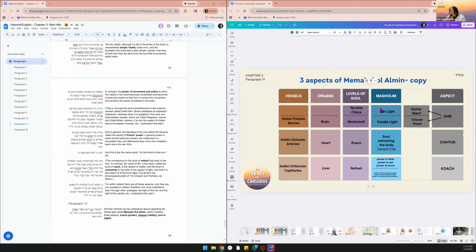Therefore, we need the other two mashalim, so that we can really observe how the sunlight works, because we cannot observe how our brain functions through external observation. I could see I'm moving my hands, meaning I can observe with my eyes the movement of my hands. But I cannot observe something that goes so internally as my brain.